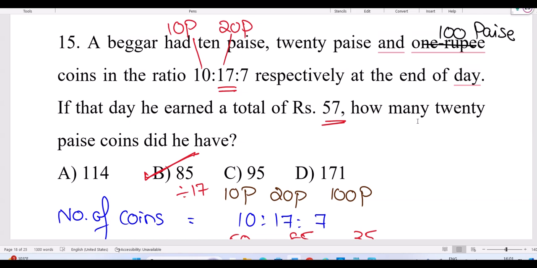Dividing by 17. Okay, if they give one rupee coins, how many? The answer should be divisible by 7. If they ask for 1 rupee coins, it should be divisible by 7. We need to search for the option which is divisible by 7. This type of trick was given in an accidental training question last year for your seniors, and see how simply you solve.